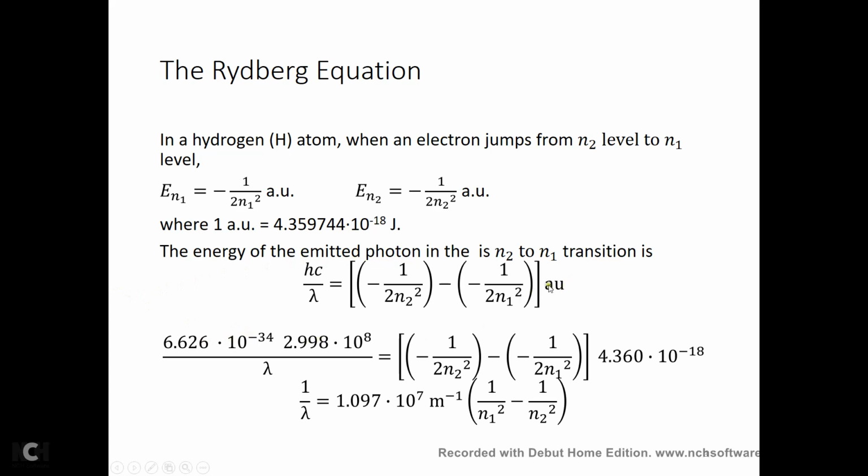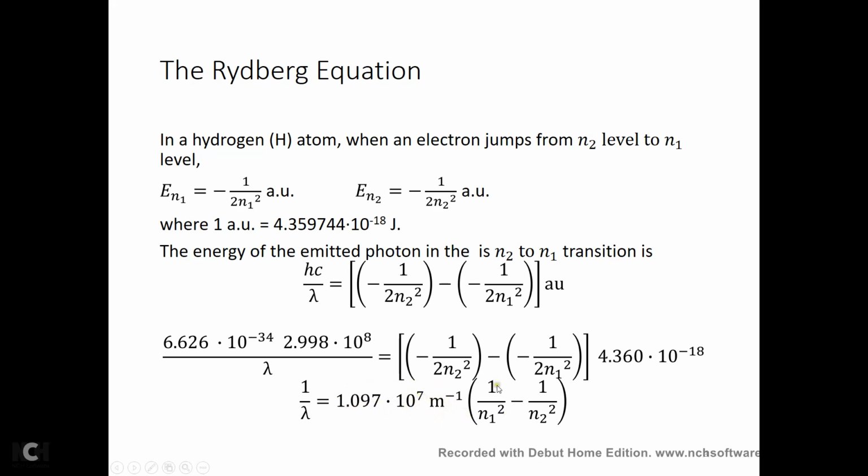We plug in this one atomic unit is 4.36 attojoule. We get this equation. The wave number of the photon is equal to 1.097 times 10 to the power of 7 per meter. So this means roughly 10 million waves within 1 meter of length.